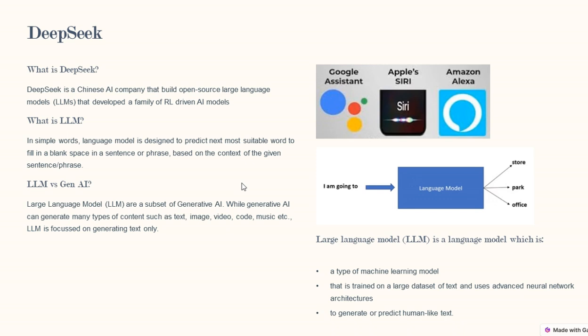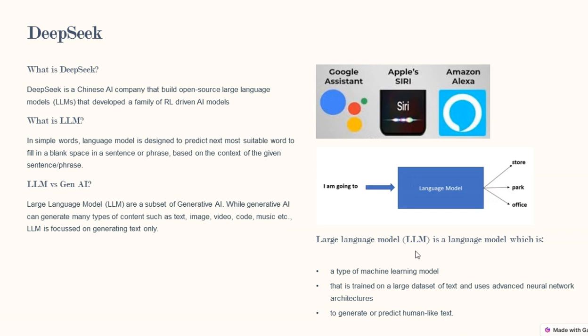Suppose I type "I am going to" in my phone. My phone might predict the next word as store, park, or office. These are some common words that come after "going" in everyday language. So this is an example of a language model.